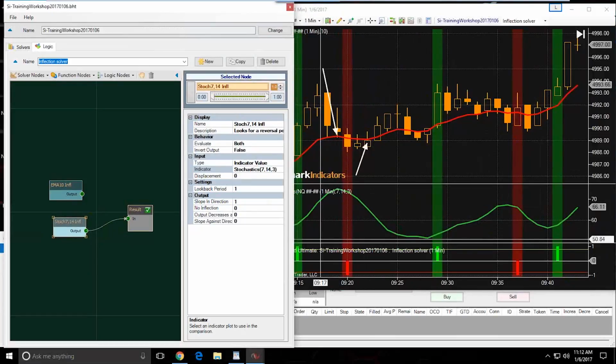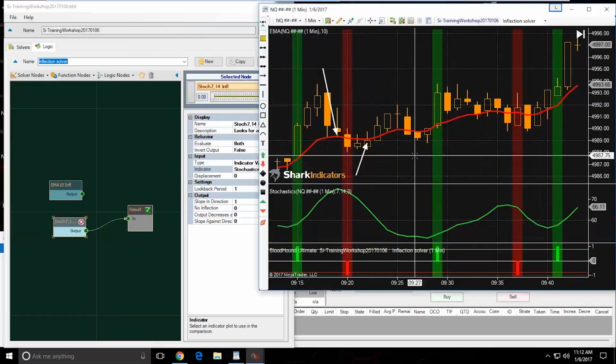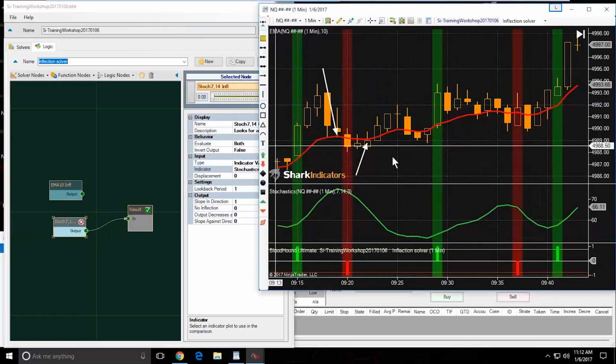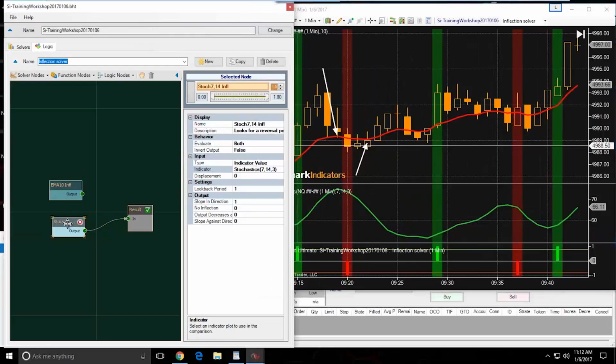Gary's asking, would I have to use calculate on bar close equals true to use the inflection solver? No. You can use the inflection solver on any mode. All solvers work on any calculate on bar close setting.